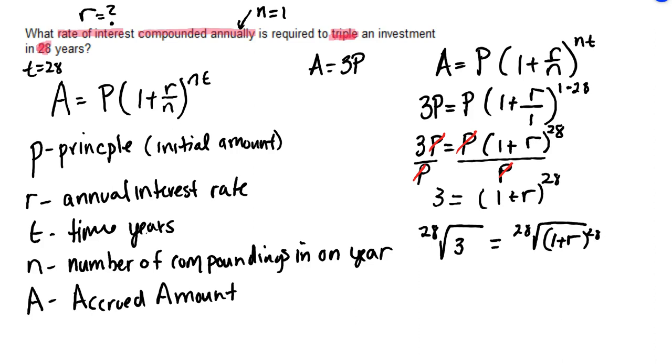The 28th root and the 28th power will cancel each other out, leaving me with 1 plus R on the right. And then I can get R by itself by subtracting 1 on both sides. So R is equal to the 28th root of 3 minus 1.